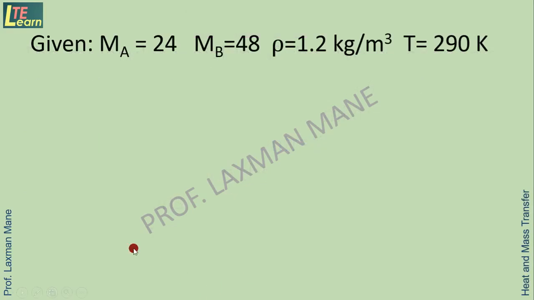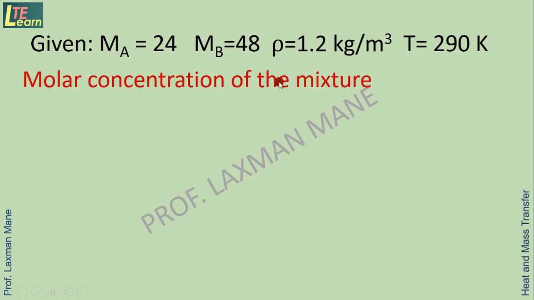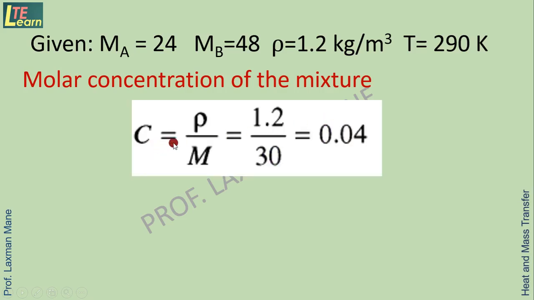So let us start with the given data. Here the molecular weights of gas A and B are given. These are written here. Density of the mixture is given and temperature of the mixture is given. So first of all, let us have the formula for molar concentration of the mixture, meaning C is equal to density divided by molecular weight. Density is given and molecular weight of the mixture is given.